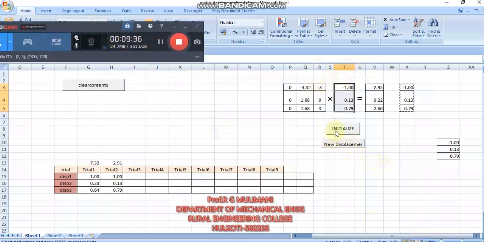New displacements: 2.95, sorry, 0.08, it converges to 0.04. See here, 0.04 converges to 0.08, 0.3, almost the same value. You can stop here. It is always the same values. Okay, 2.99, and these are the new mode shapes.